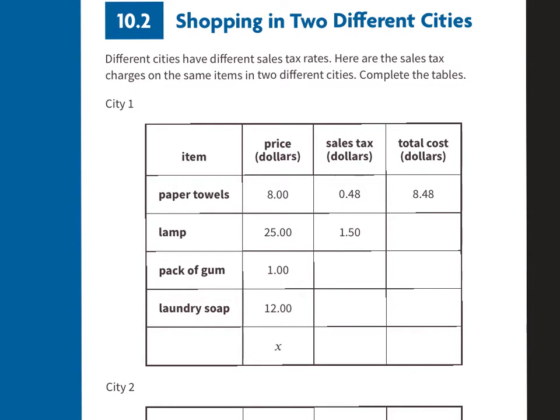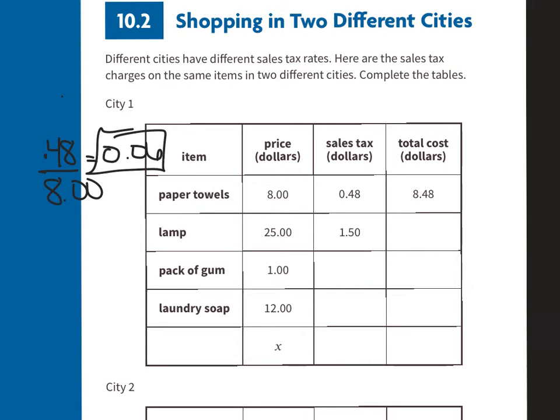So in my calculator, if I go 0.48 divided by 8.00, you don't have to put that, I get 0.06. So that's my tax rate, 0.06.